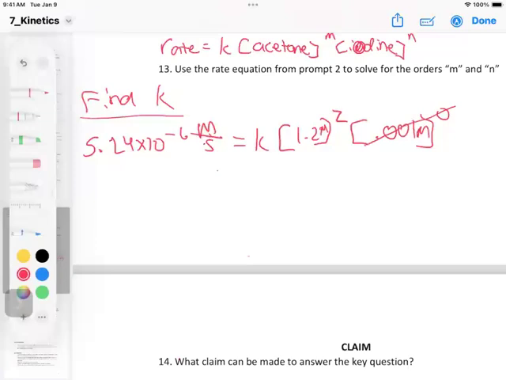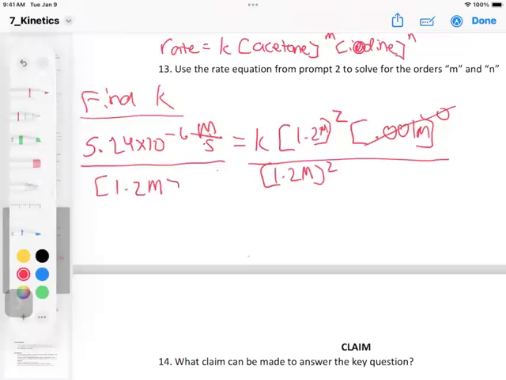So for K, I'll divide by 1.2 molars squared. 1.2 squared. And because this is molar squared, the unit on the bottom is molar squared, so only 1 molar cancels out. So there'll only be 1 molar on the bottom.